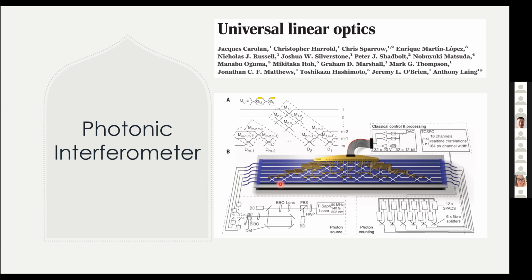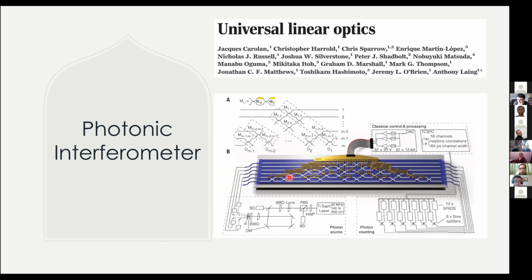And a Reck scheme is this triangular shape, and there are various elements. Each of these white lines represents a waveguide on this photonic chip, and you input photons, single photons or multiple photons, into these waveguides.